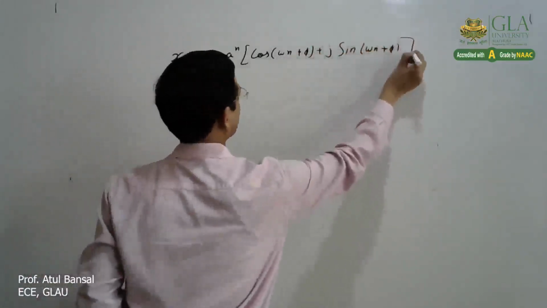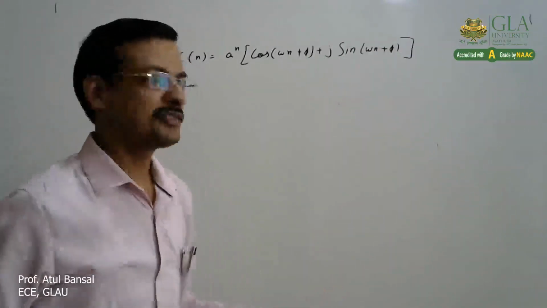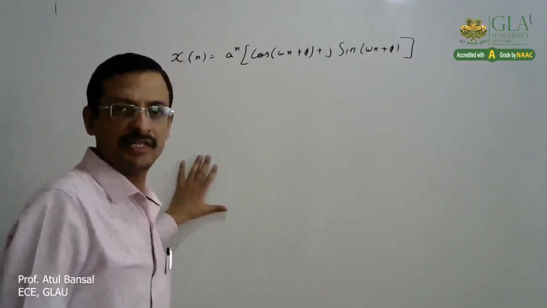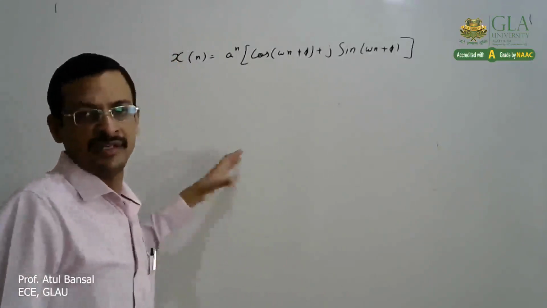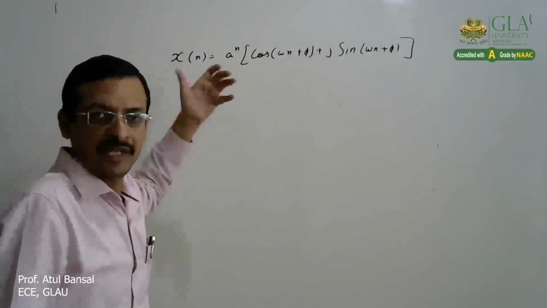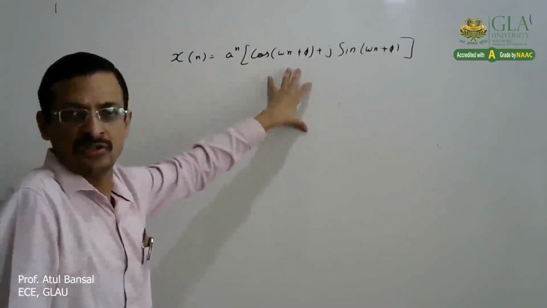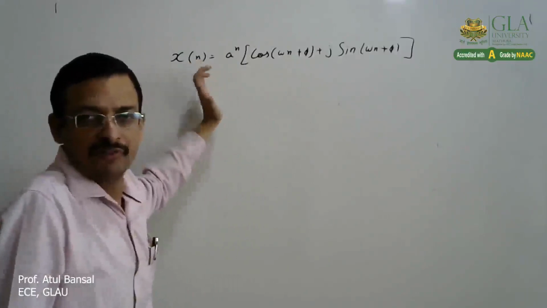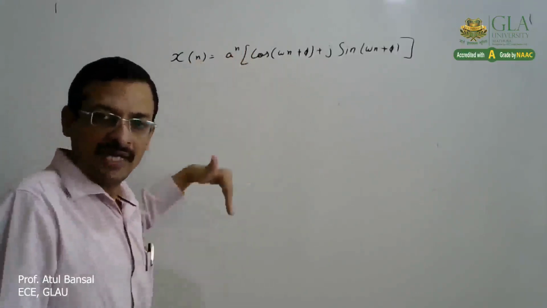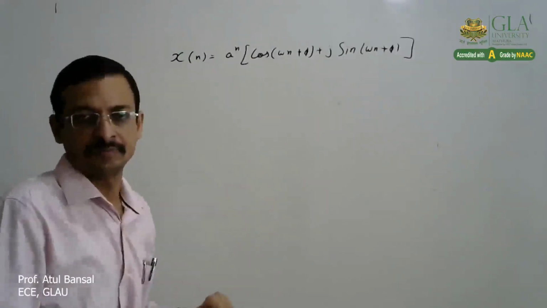Right? So again, it is similar to the continuous time case. In discrete time, if omega is 0, this will behave as a raised to power n, the real exponential signal in discrete time. And if omega is not 0, then depending upon the combination of a and omega, it will be either an exponentially growing sinusoidal or a decaying sinusoidal.